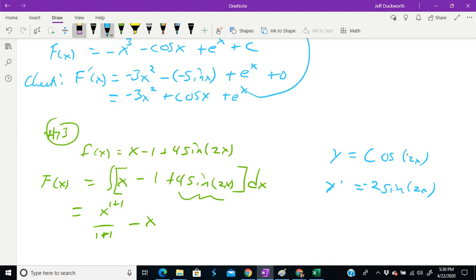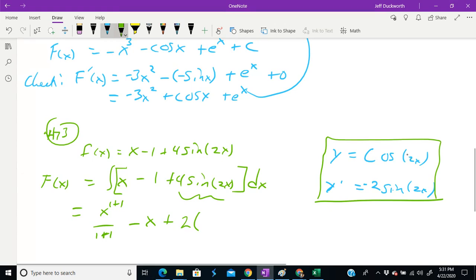So we've got something that we can break this up into. So let's take 4 sine of 2x. That's equivalent to negative 2 times negative 2 sine of 2x, which we already know the integral of that.